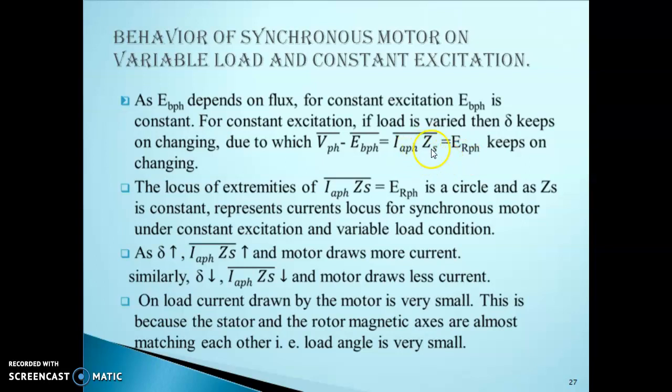This IAPH ZS is nothing but the resultant phasor. This resultant phasor also keeps on changing. As load increases, delta also increases. As delta increases, the ERPH is also increased. Okay, as load increases, the magnitude of resultant phasor, that is IAPH into ZS, also increases.